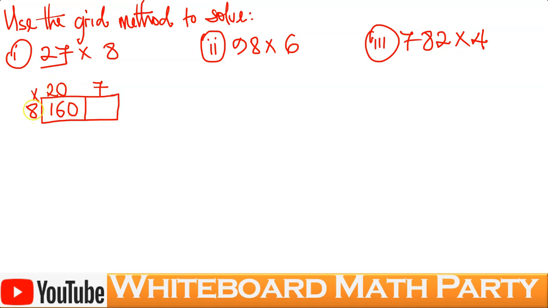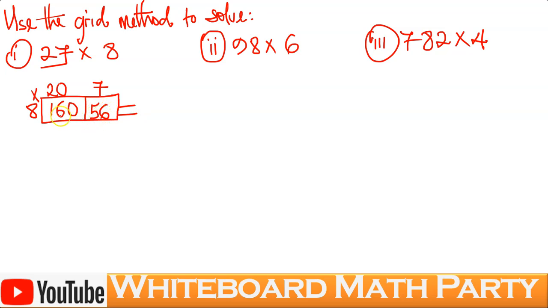The next thing to do is to multiply 8 by 7. If I do that, I'm going to get 56. Now I have multiplied 27, but I have not written my final answer. To get my final answer, I will have to add 160 to 56.